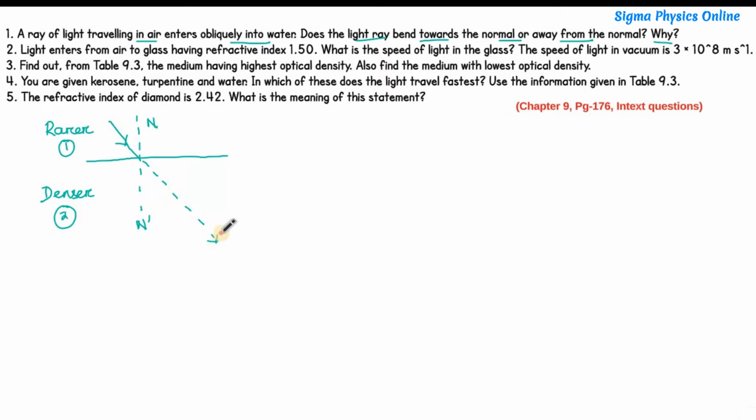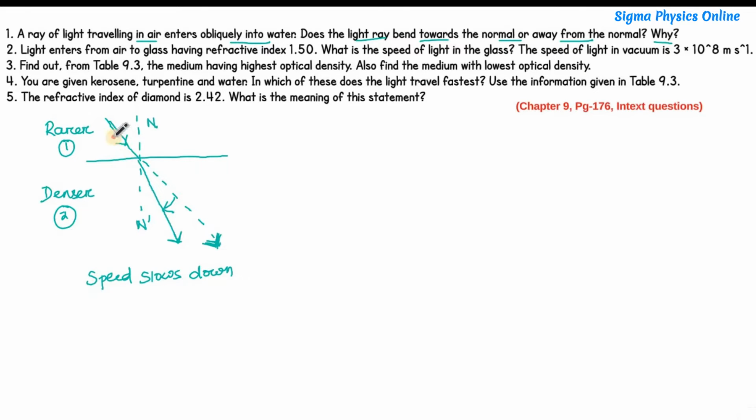So the speed slows down and it comes closer to the normal.